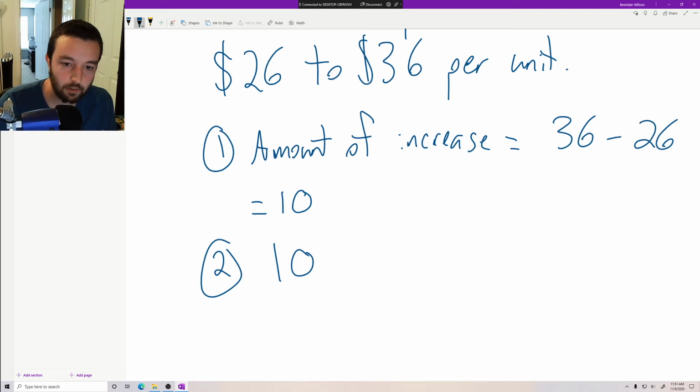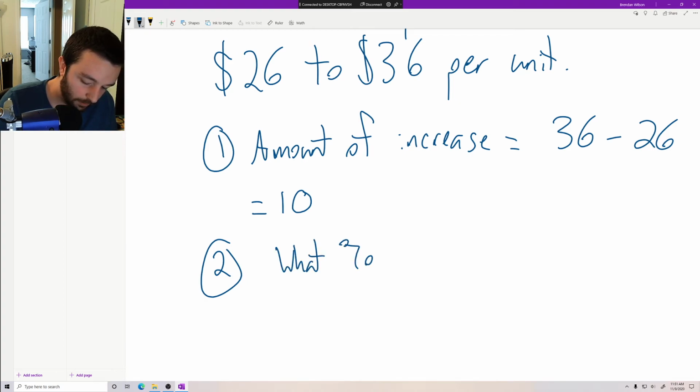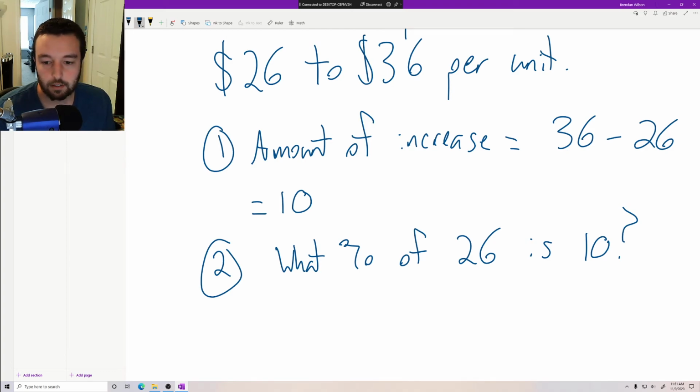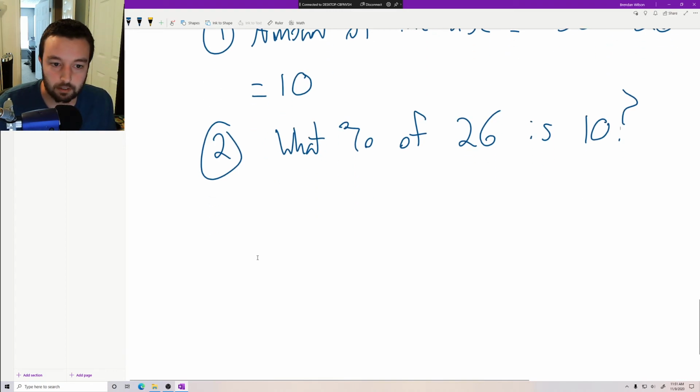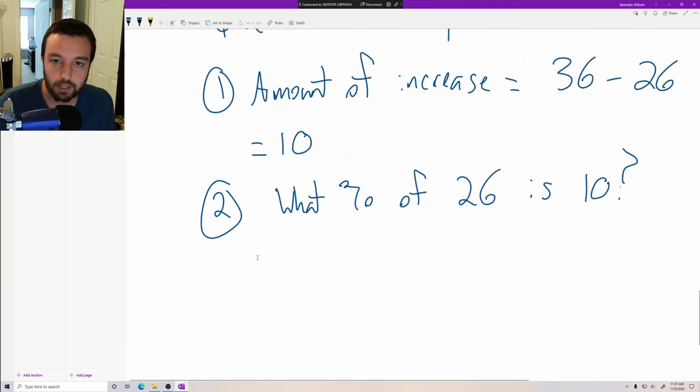Then next we say, okay, what percent of 26 is 10? Okay. This is kind of a little tricky to answer. Let's try to do this in equation form.